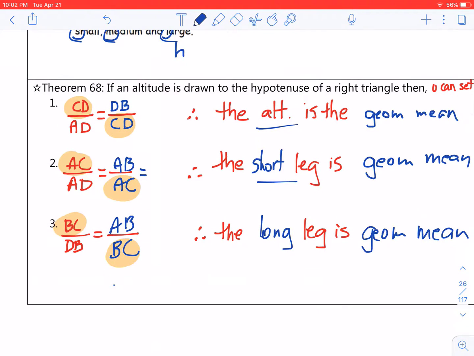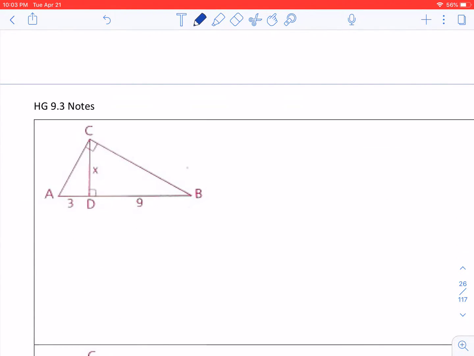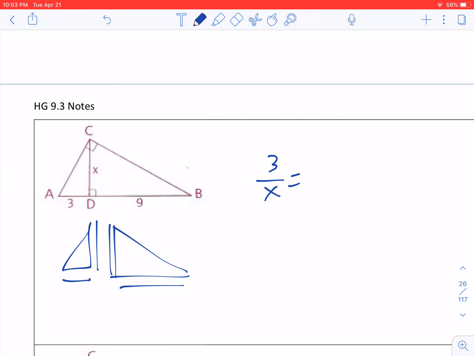All right, we're going to use that rule again and again in this section. Here we go. They give us, in this case, the altitude and then the two bases. So we know that short leg, long leg, short leg, long leg. So 3 is to x as x is to 9.